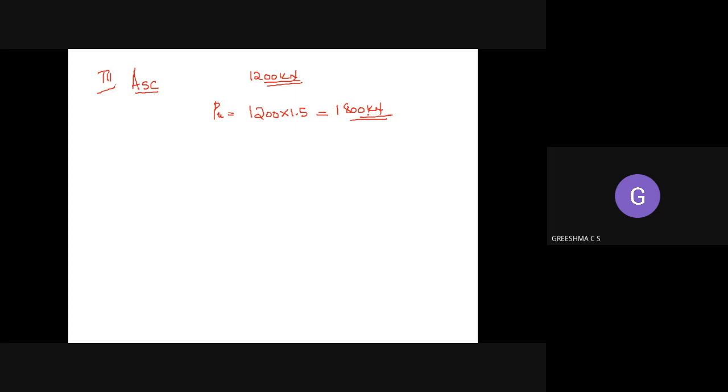Okay, now coming to the load carrying capacity. Here we are designing helical reinforcement, അല്ലെങ്കിൽ you can say it is a spiral tie. So you have to refer to the IS code again.